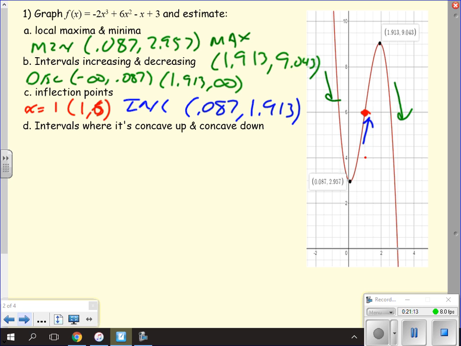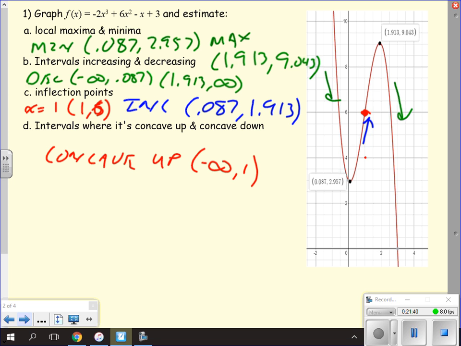Is it happy or sad? It's concave up because it's happy. So it's concave up from negative infinity to 1. And once again, at the point of inflection, it is neither concave up nor concave down because that's where it's changing from one to the other.